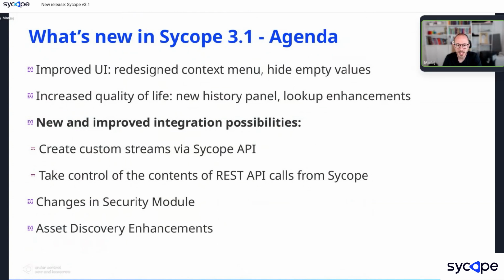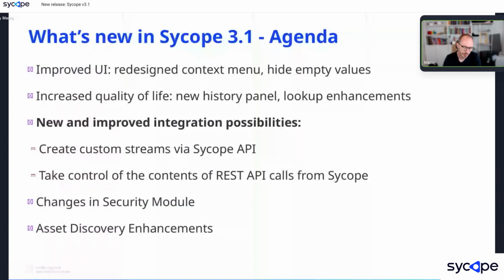And the main point of this release, if I may say so, is that we have new and improved integration possibilities. We were thinking very long about what is really important in this class of systems. We observed that very often there's this discussion: do you have the SNMP system?